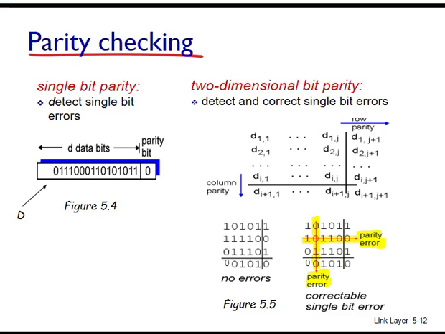Forward error correction techniques are valuable because they can decrease the number of sender retransmissions required. Perhaps more important, they allow for immediate correction of errors at the receiver.